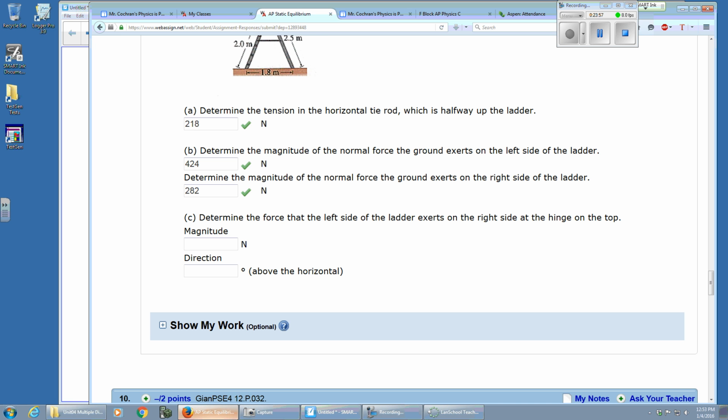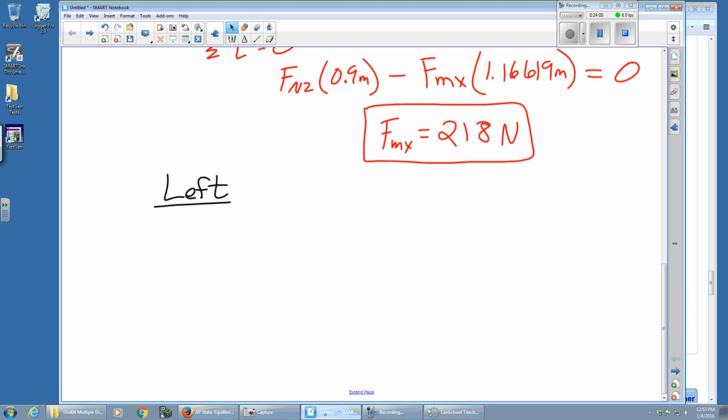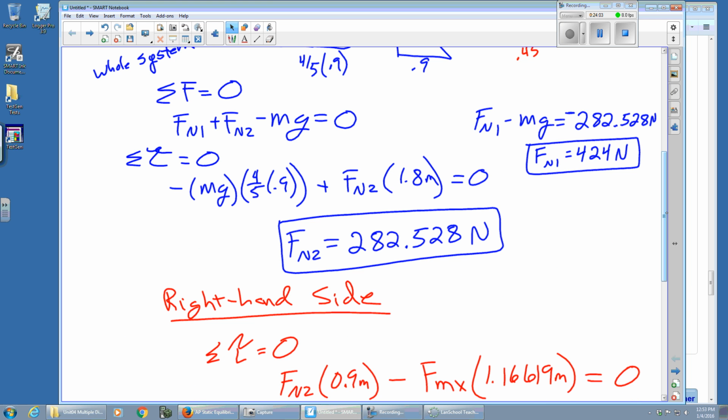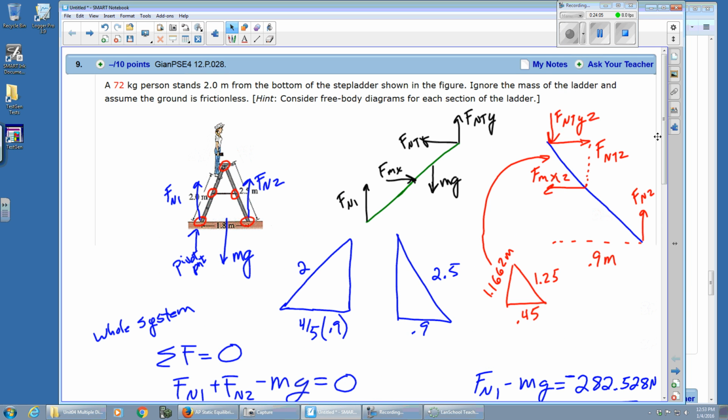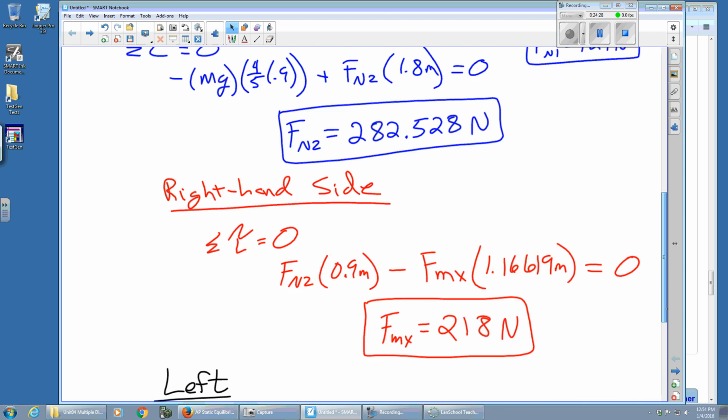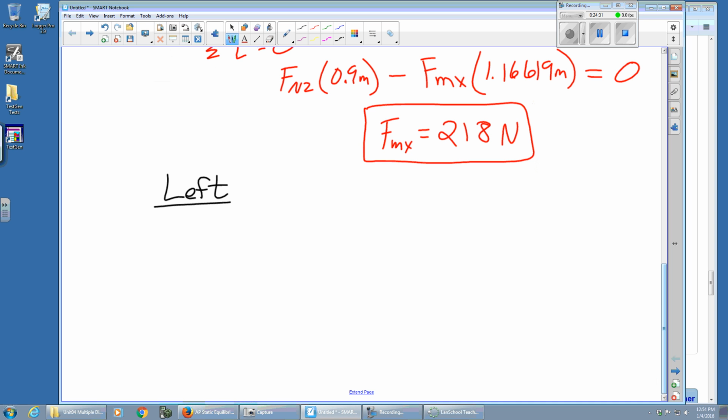So the hinge at the top, if we looked at just the hinge, it would have to have a 0 net force on it also, right? So if we look at our two forces on the left side, the sum of those is going to be equal to the force exerted at the top. So we're going to keep looking at the right-hand side here, not the left.